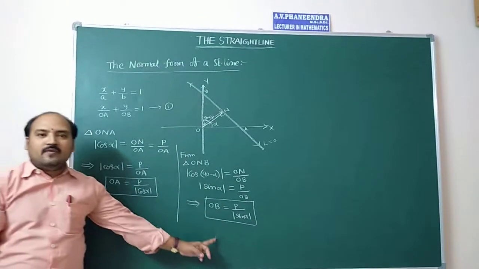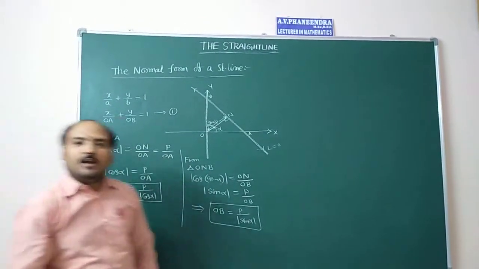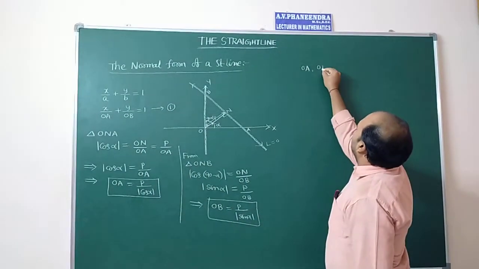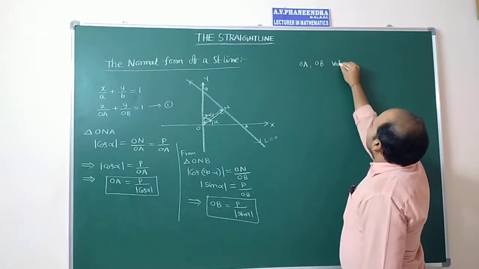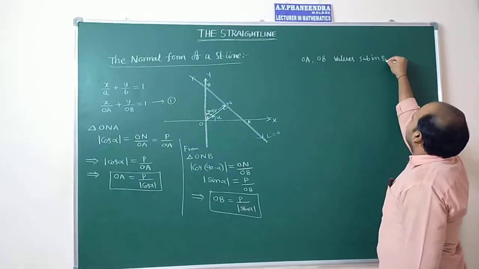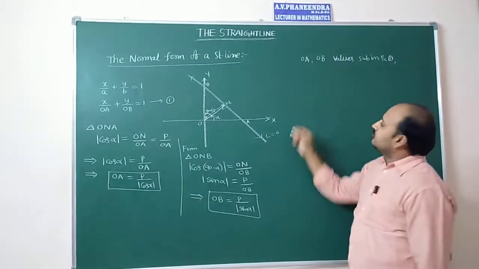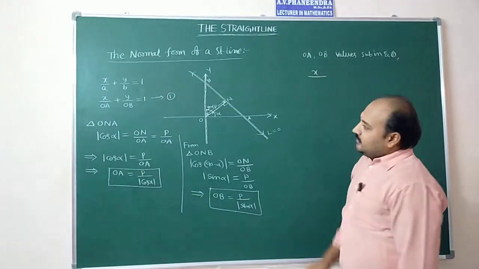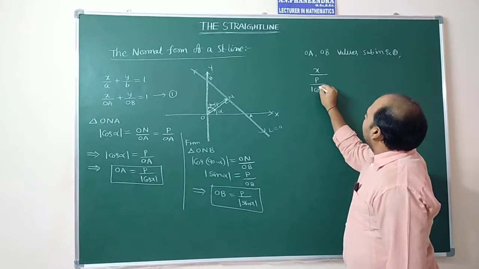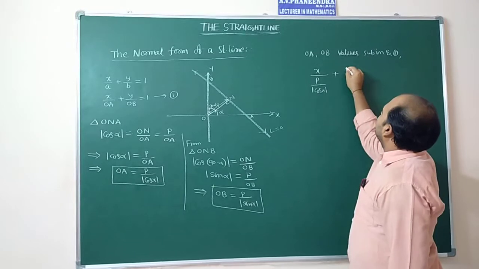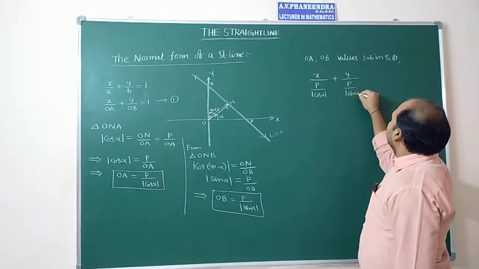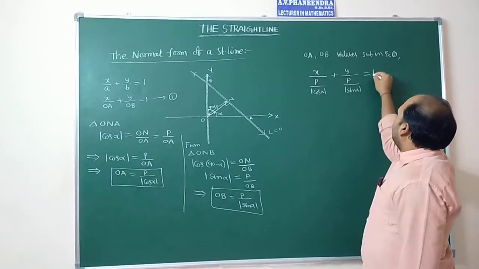Now substitute the OA and OB values in equation 1. We get x by P by mod cos alpha plus y by P by mod sin alpha is equal to 1.